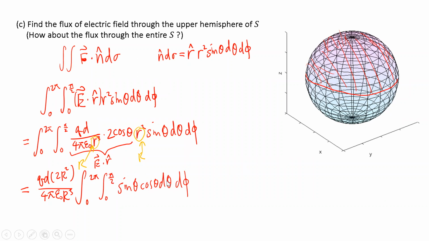Then integrating this is just integrating sine theta d sine theta.